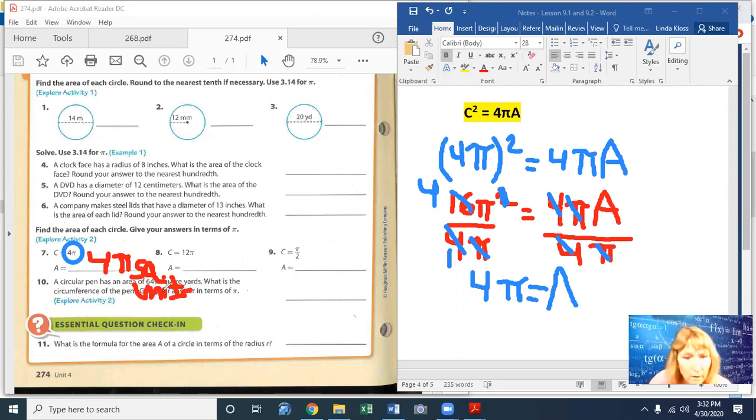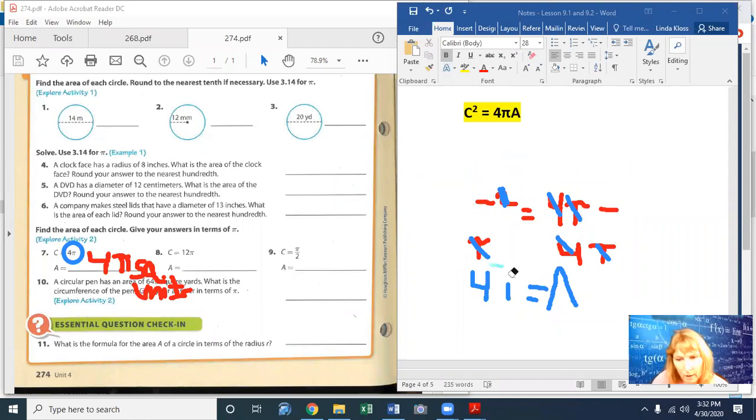Okay. Number 8. Let's go to erase. Now, remember we're going to use our formula again. They're giving us the circumference of 12 pi.